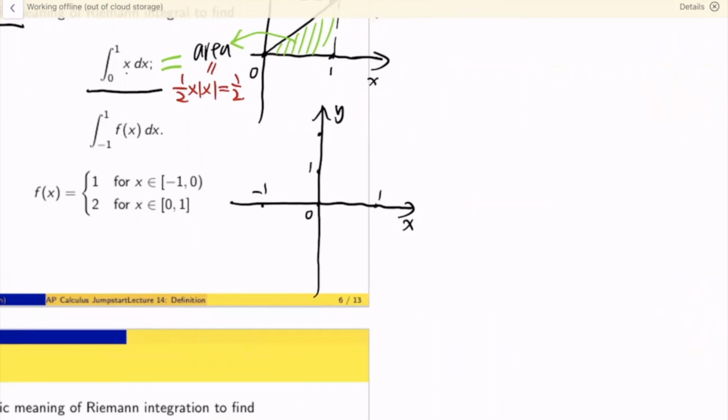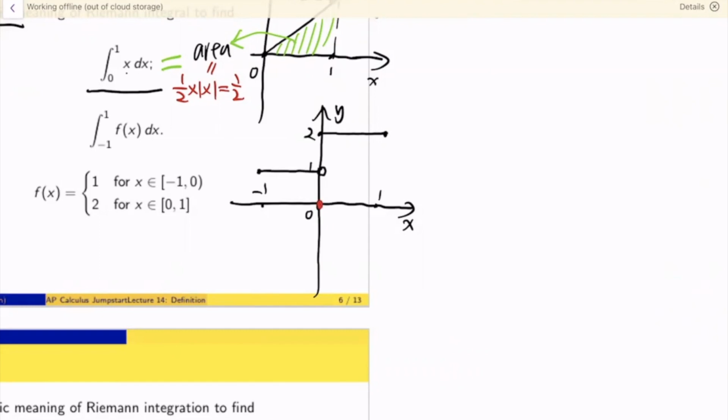This is 1 and this is 2. The graph, from -1 to 0, is 1. It does not include the point 0, which is right here. And between 0 and 1 it is 2. This is my function, y equals f(x), and it's discontinuous at the point 0. But it doesn't matter, as we said, it's piecewise continuous, so the function is Riemann integrable.